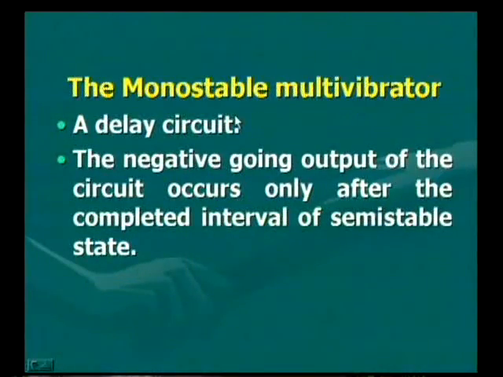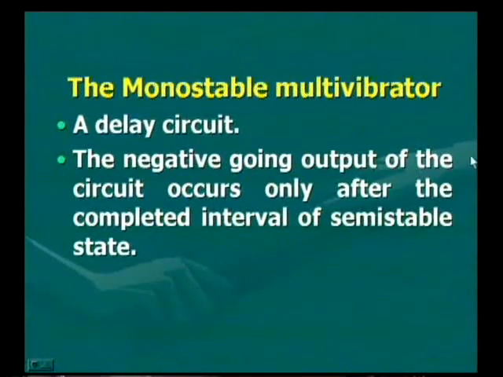The monostable multivibrator will remain in its stable state indefinitely. Once we apply a trigger pulse, it can enter into the semi-stable state, and how much time it can stay in this semi-stable state is decided by the time transient elements. So how much time it can be delayed is decided by the elements. So it is called a delay circuit also.